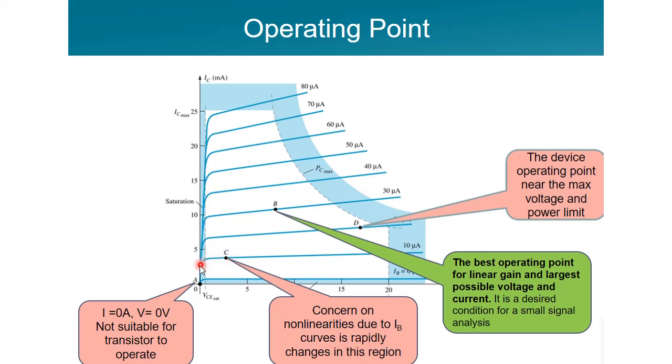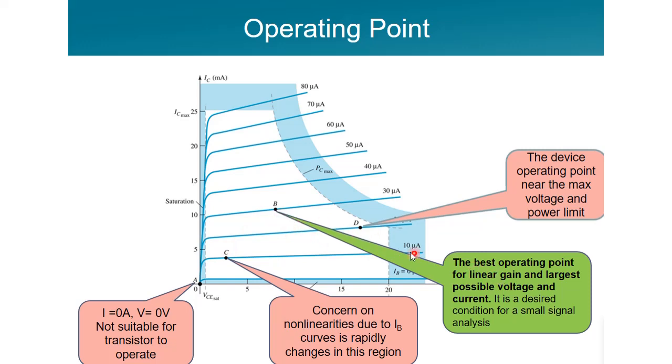As you can see here, this blue line represents the IB. So IB rapidly changes in this area, and this point is not really good enough for the transistor to operate.